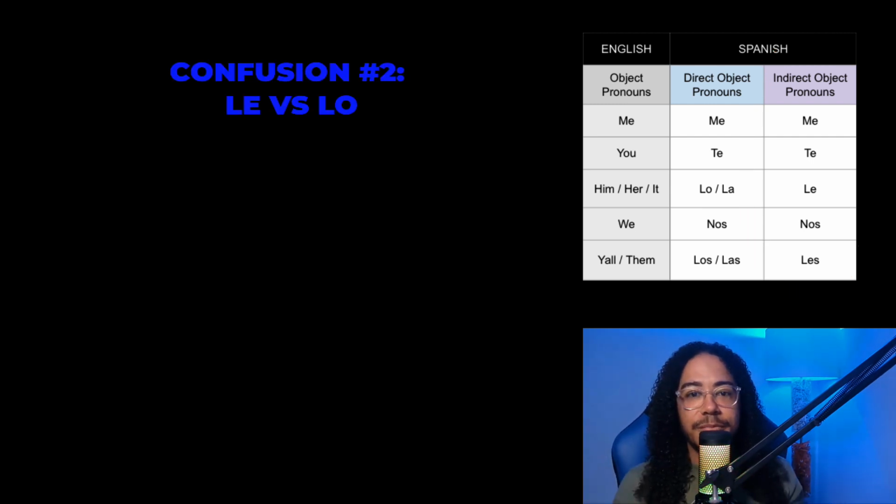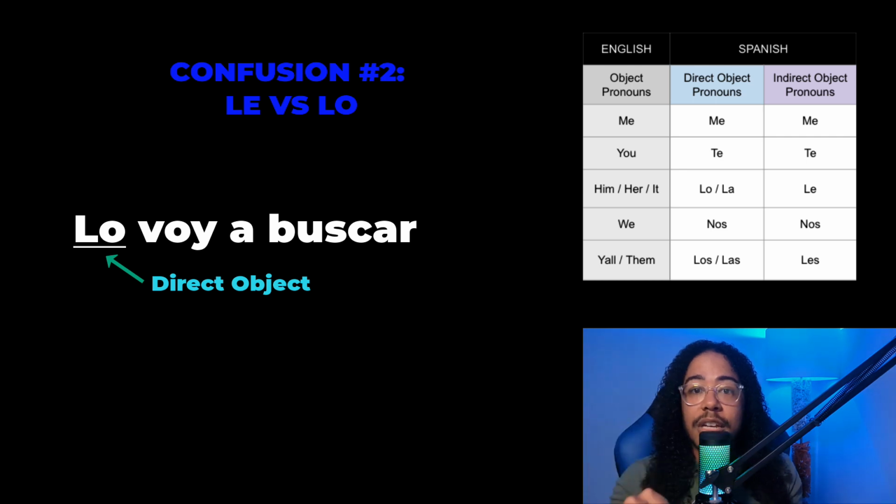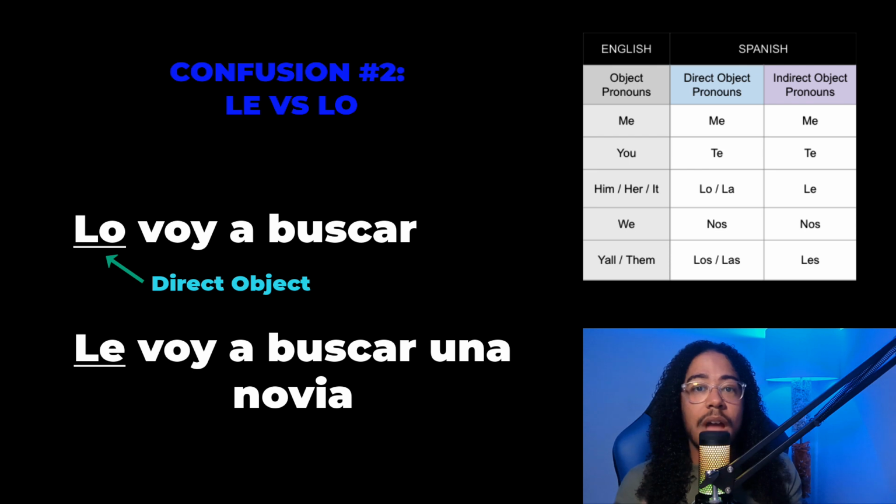Here's another example. If I wanted to say I'm going to look for him, I'd say lo voy a buscar. In this case, him, lo, is the direct object because looking is happening directly to him. He is what is being looked for. But if I wanted to say I'm going to look for him a girlfriend, this is now le voy a buscar una novia.